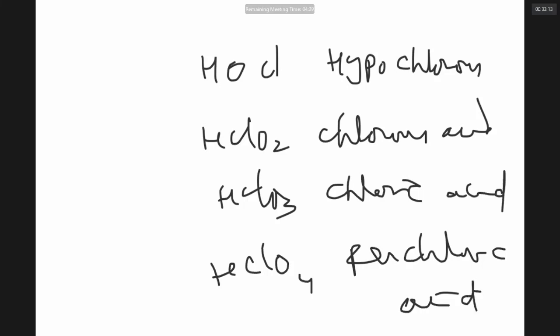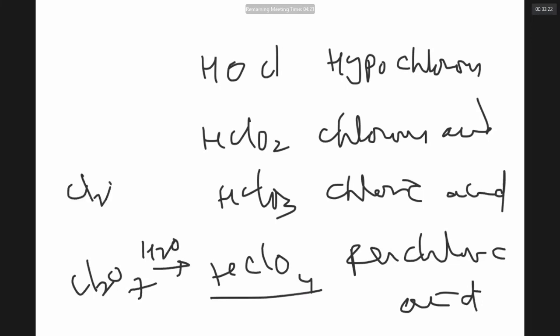For example, HClO4 you can make by dissolving Cl2O7 in water. By dissolving Cl2O6 in water, you can make chloric acid. By dissolving ClO2 in water, you can make chlorous acid and chloric acid.